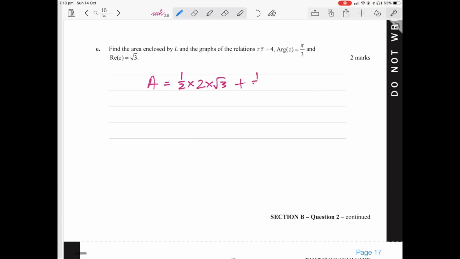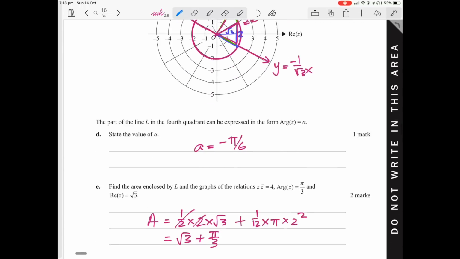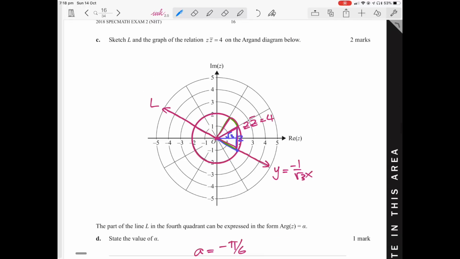So plus 1/12 times pi times 2 squared. Okay, they cancel, so it's root 3. I'm going to get 4 pi on 12, which is pi on 3. Does it give us any units? Units squared. Kind of sucks because it's going to rub out my nice diagram. Okay, so that's that area that it just asked us for.